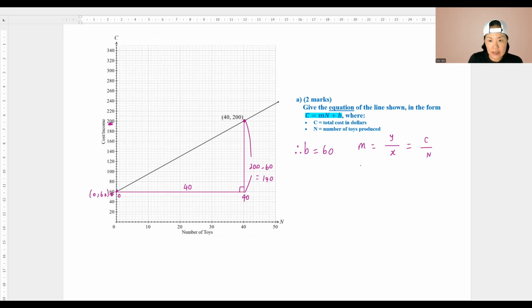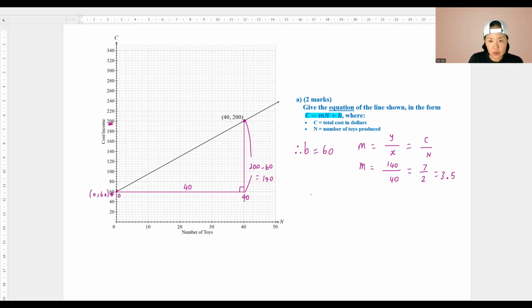So my gradient equals the rise 140 over the run 40. If I simplify that, it'll be 7 over 2, which is 3.5. Also you notice that it's going up to the right, so it's positive. It's good to check that.